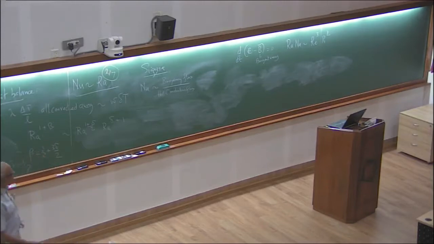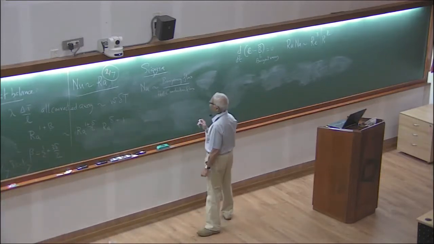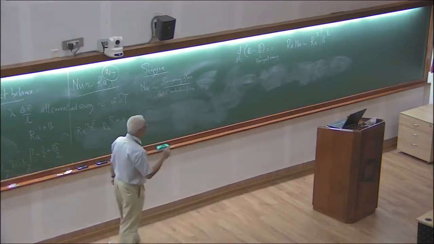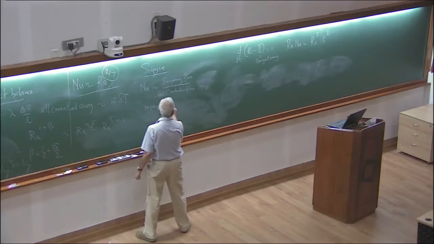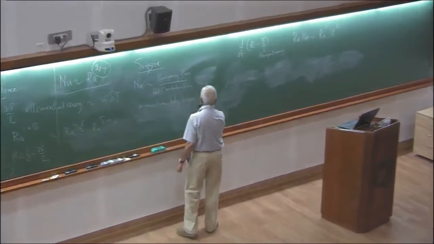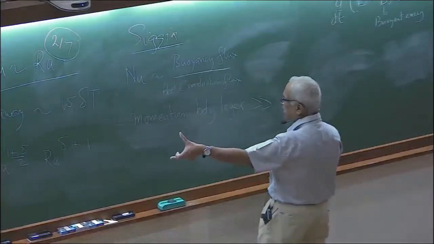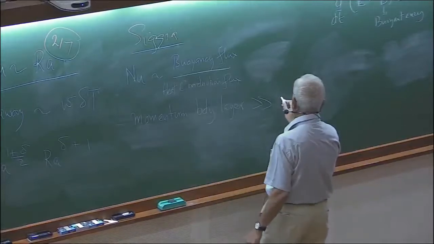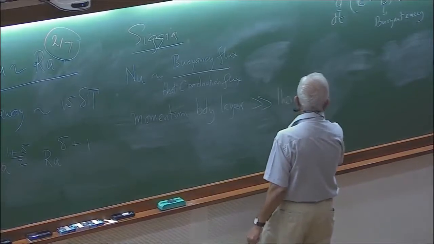All right, now look at the heat transfer. Now comes the next assumption. So this was point number one. Point number two was that the momentum boundary layer is significantly wider, bigger than the thermal boundary layer.